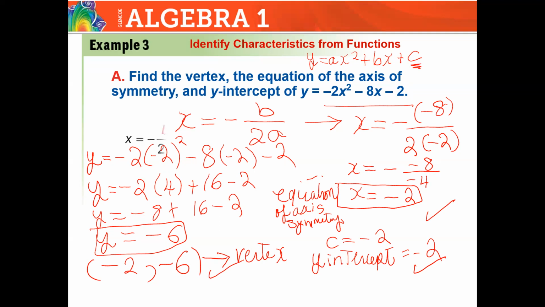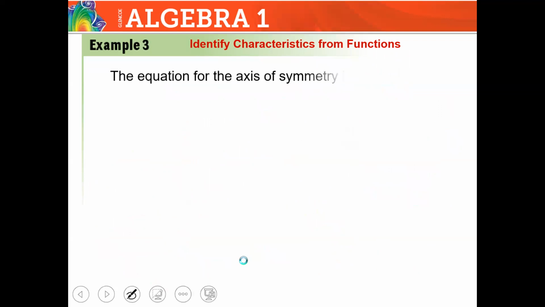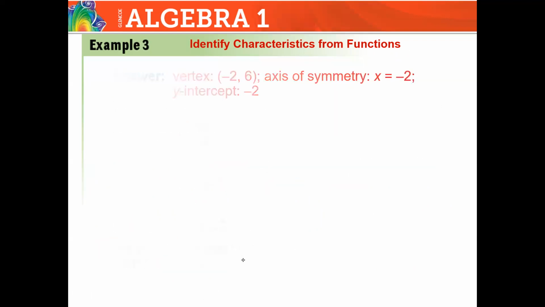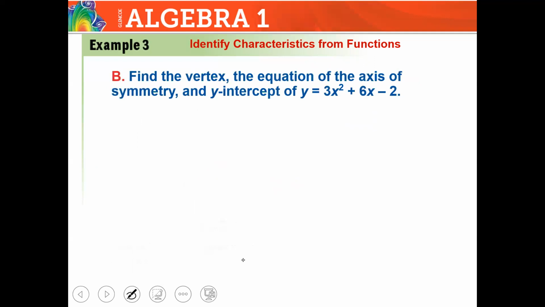Let's do another example. Okay, another equation, which is 3x squared plus 6x minus 2, and I need to get the vertex, the equation of the axis of symmetry, and the y-intercept.